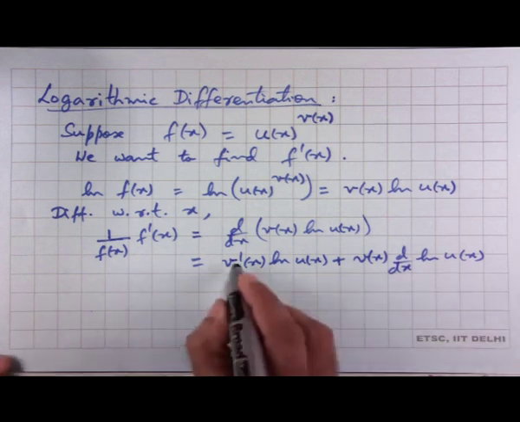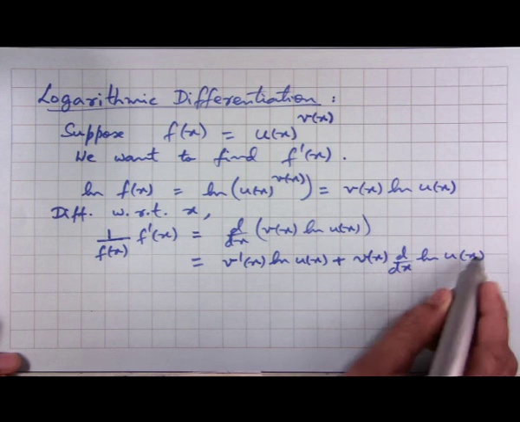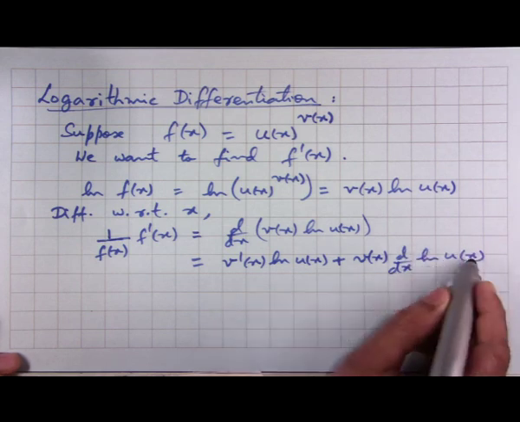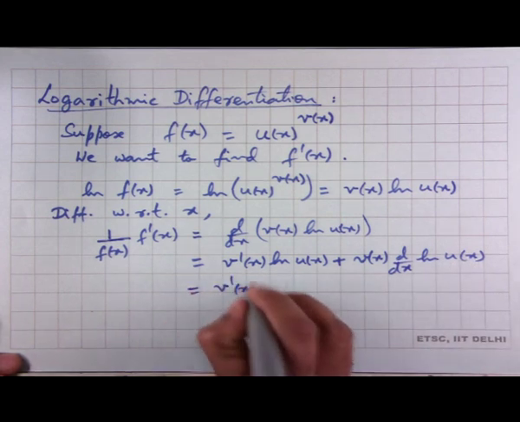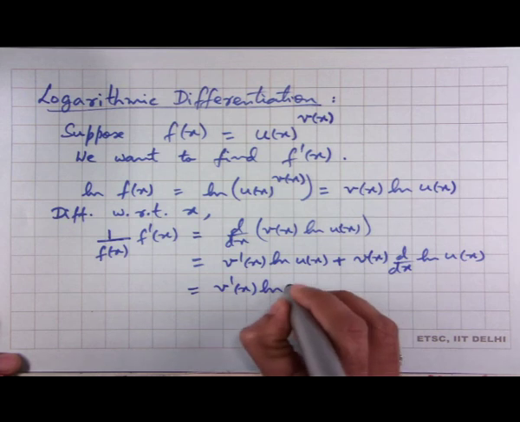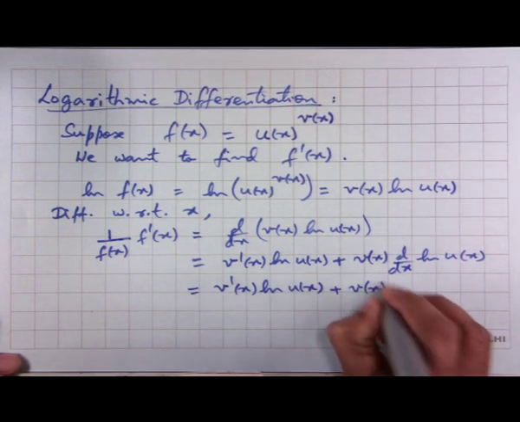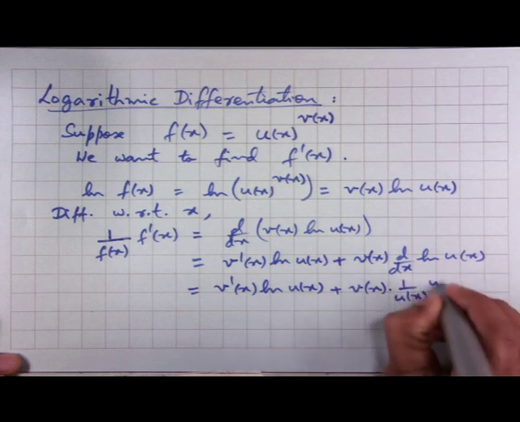This is by the product rule, and then again we use the chain rule to find the derivative of ln u x, which is 1 by u x times u prime x. So, this is equal to v prime x ln of u x plus v x times 1 by u x times u prime x.